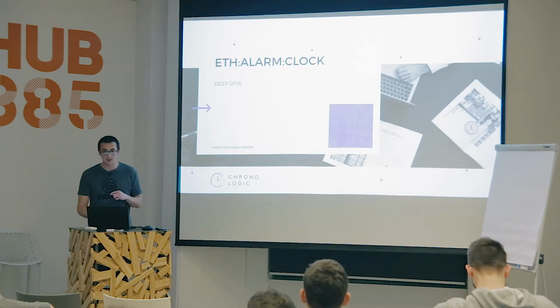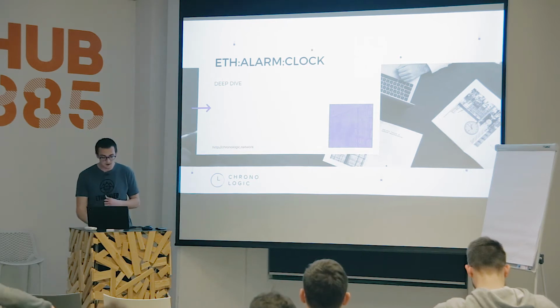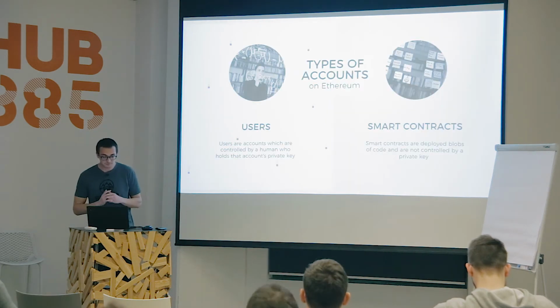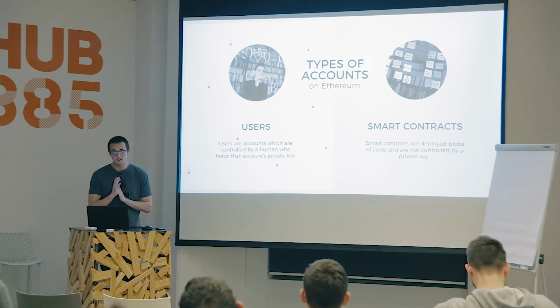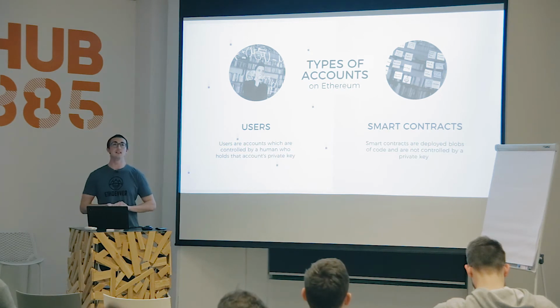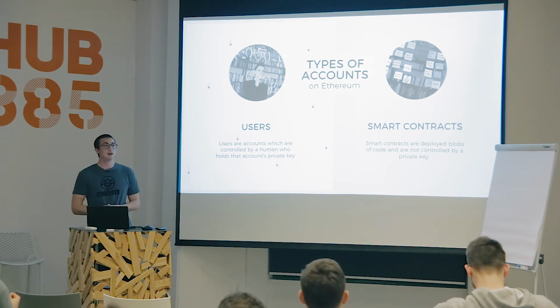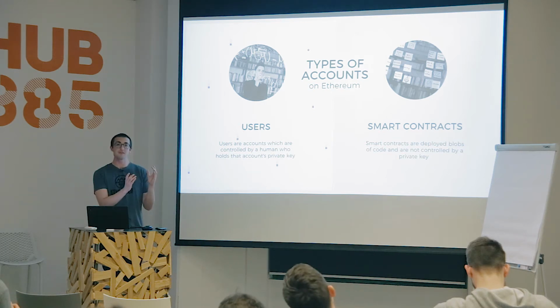But first I'll go into a deep dive of how it works technically. So the problem that the Ethereum alarm clock solves on a foundational level is that smart contracts can't execute themselves.